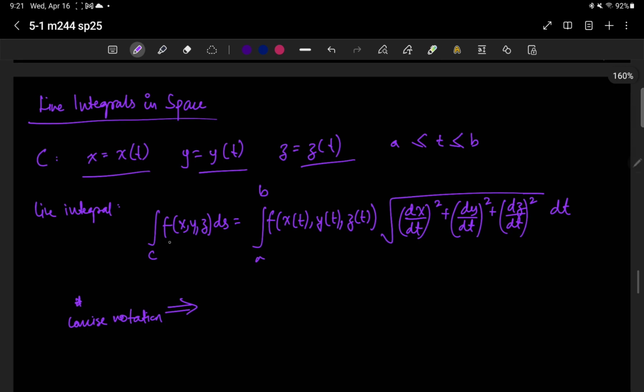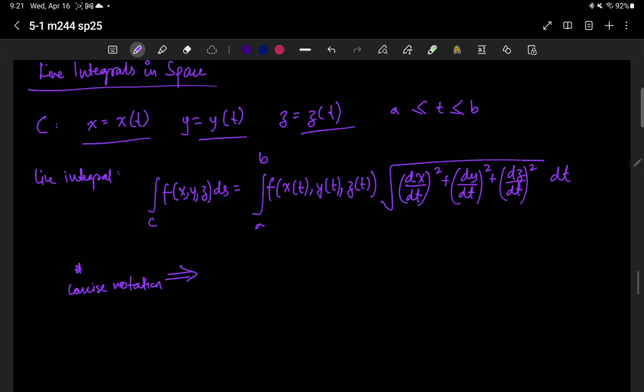of a function f(x, y, z) over a curve C becomes f expressed in the parameters, so x(t), y(t), z(t), and you have this arc length term once again, the square root of (dx/dt) squared plus (dy/dt) squared plus (dz/dt) squared. Now, there's a concise notation that this can be phrased in, which is the following.